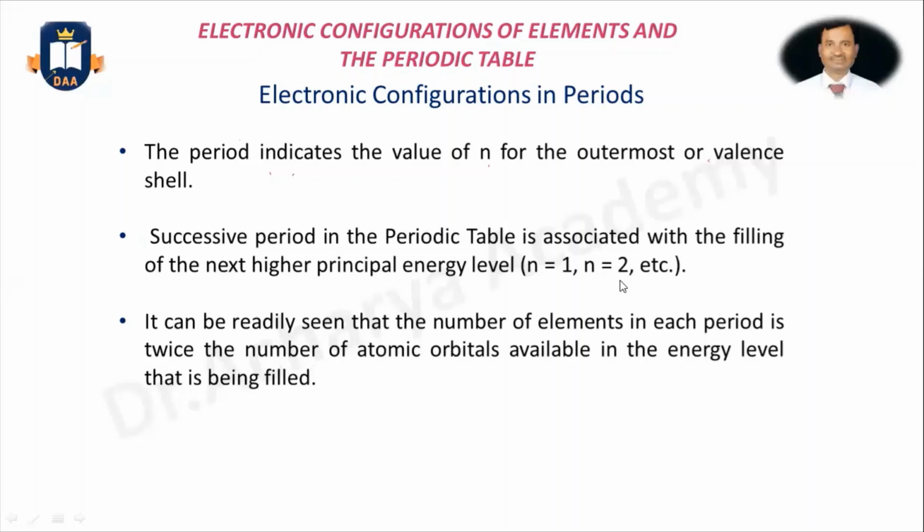That means 2s orbital and 2p orbitals. 2p orbitals have 2px, 2py, 2pz. So the total number of orbitals in the shell having n equal to 2 is 4. And in this case, the elements will be double the atomic orbitals. That means 8 elements in the second period, and so on. We'll go into details about this.